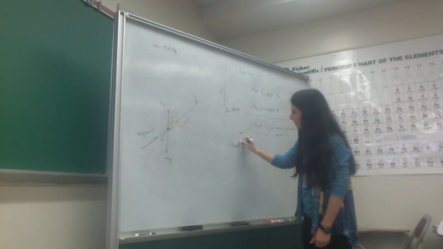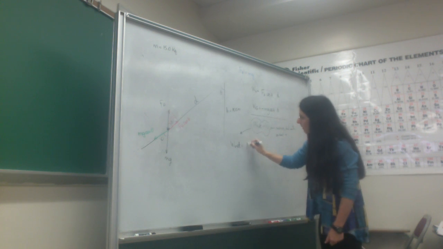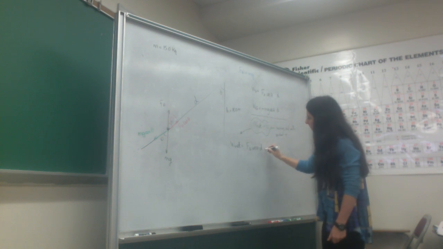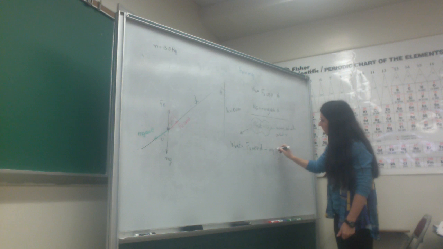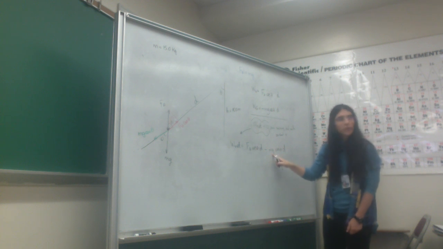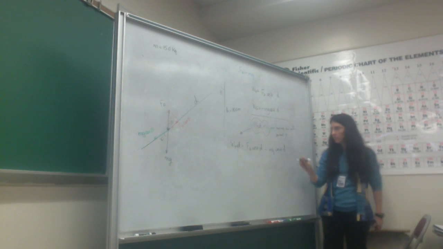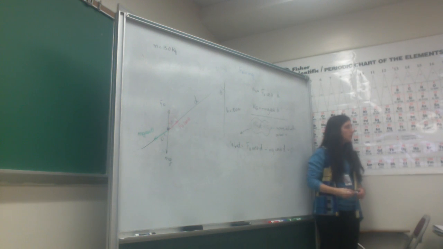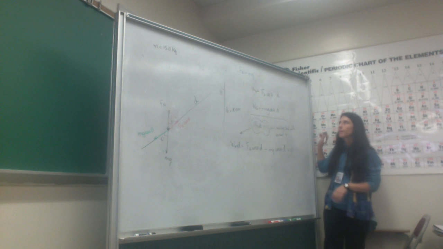The net work is FH cosine of theta d minus mg cosine of theta d. And we said that this one is equal to that one, so it's 0. Okay, so everything is going in the right direction.